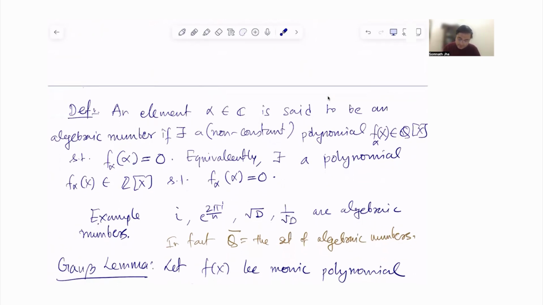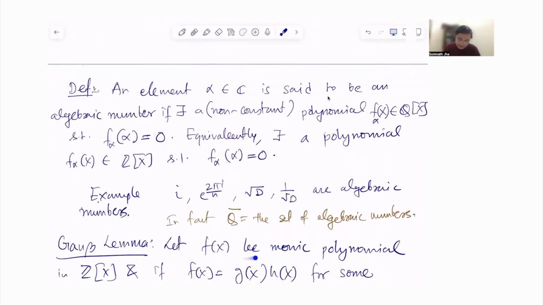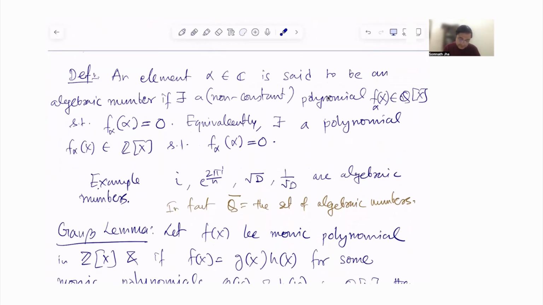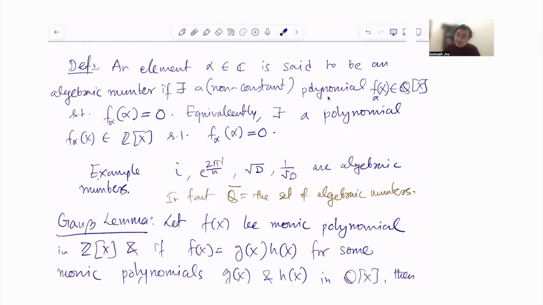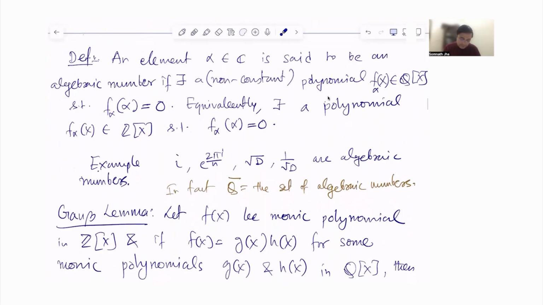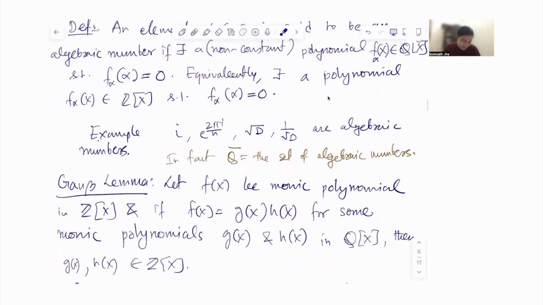Next, recall the Gauss lemma. We have proven that if f(x) is a monic polynomial in Z[x], and f(x) equals g(x) times h(x) for some monic polynomials g(x) and h(x) in Q[x], then in fact g(x) and h(x) are in Z[x].